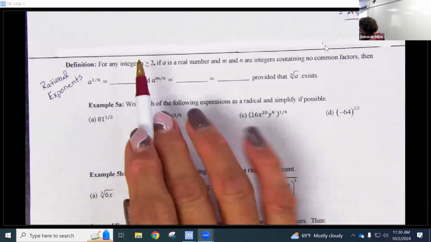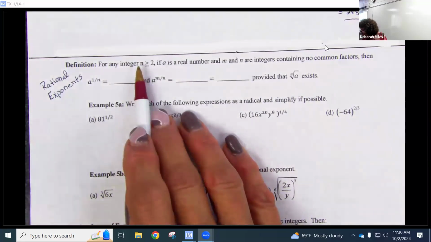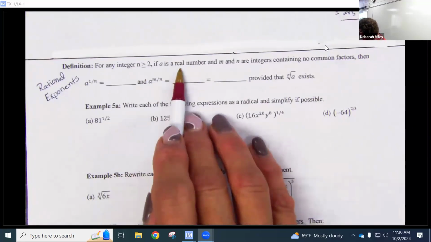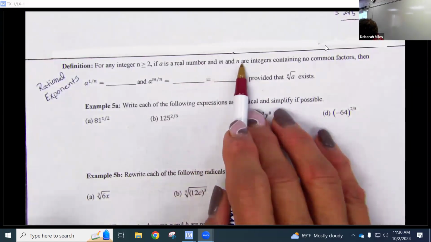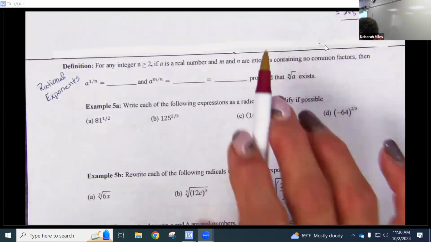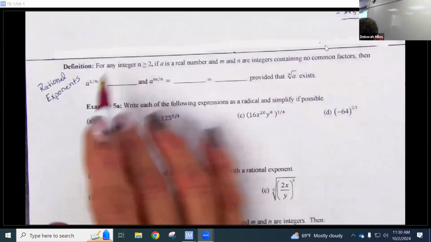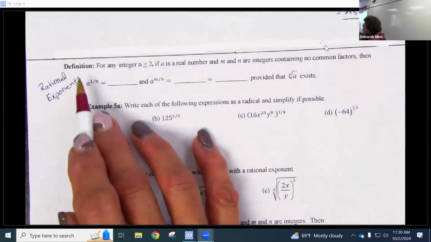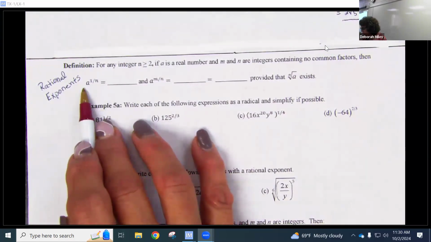For any integer greater than 2, if a is a real number and m and n are integers containing no common factors, I'm going to let you just read that and soak it in a minute. Here's what's important. What does a to the 1 over n mean?